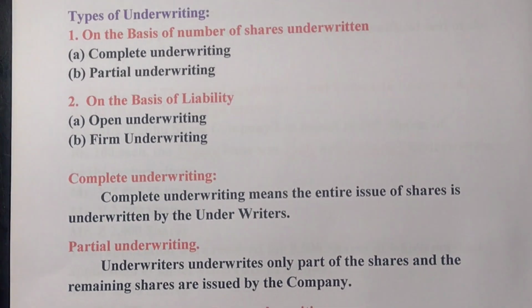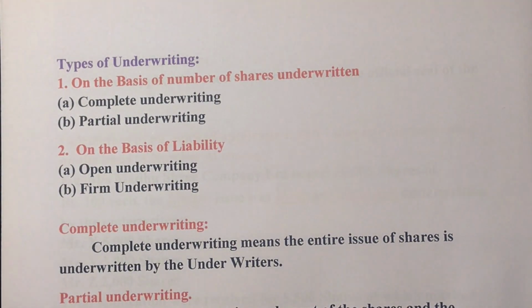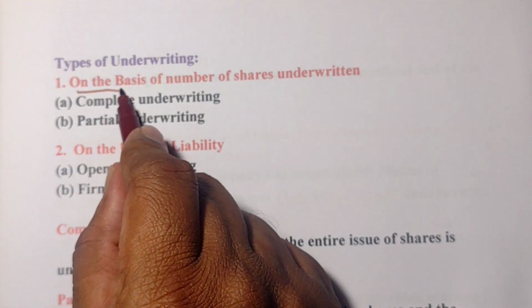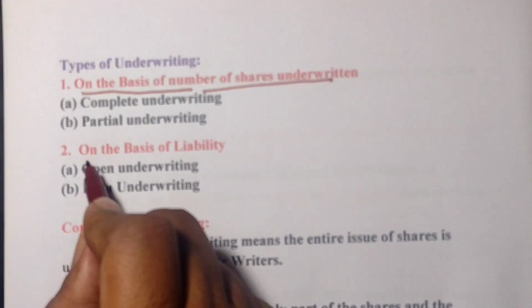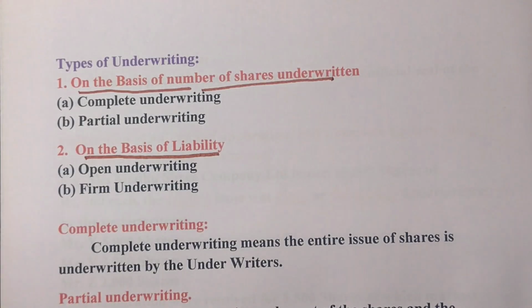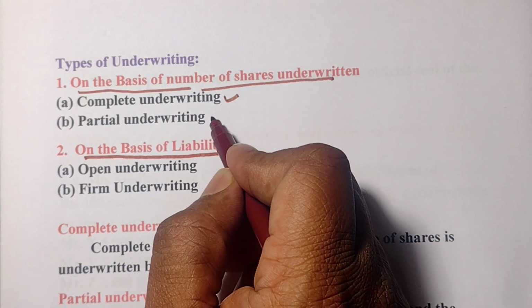Next, coming to certain explanations: types of underwriting. The very first is on the basis of the number of shares underwritten, and the second is on the basis of liabilities. On the basis of the number of shares underwritten, it is classified into complete underwriting and partial underwriting.